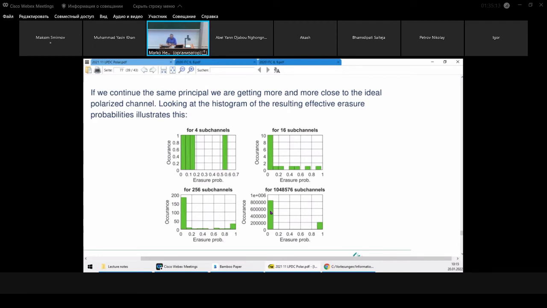And actually here you will see the relationship to the channel capacity. So if you calculate the channel capacity for our original binary symmetric erasure channel that is related to this example, you will find out it has a channel capacity of 0.8.